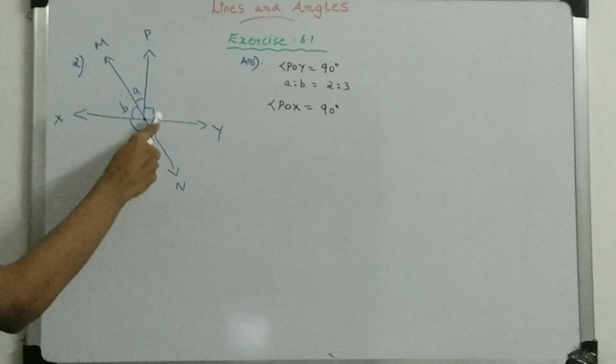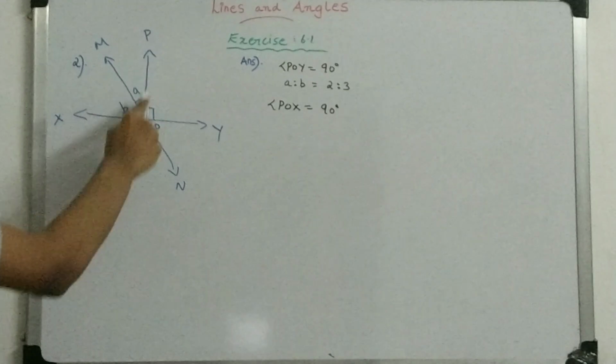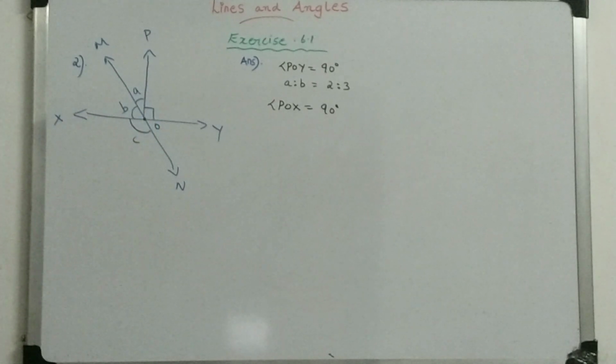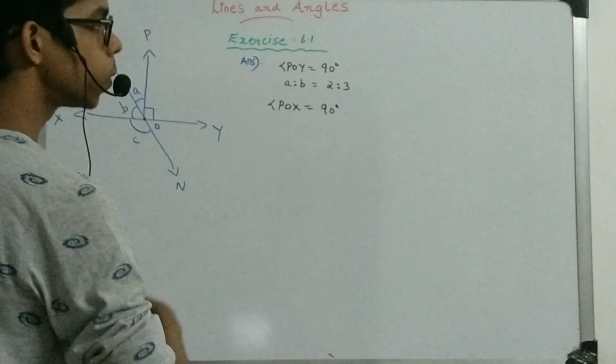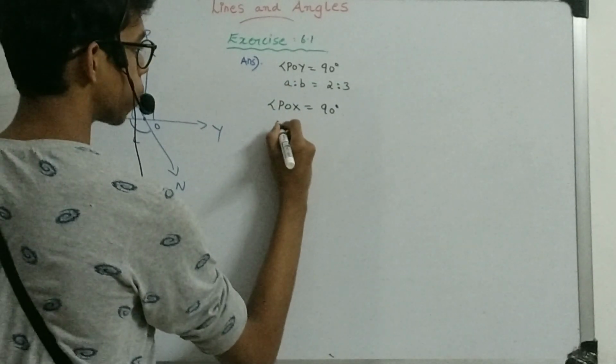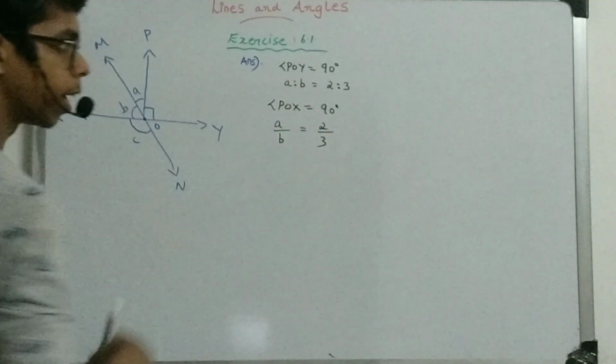If this is 90 and this is 90, when you add them you will get 180 degrees. Now in the question it is given a is to b is equal to 2 is to 3, so you can write it as a by b is equal to 2 by 3.